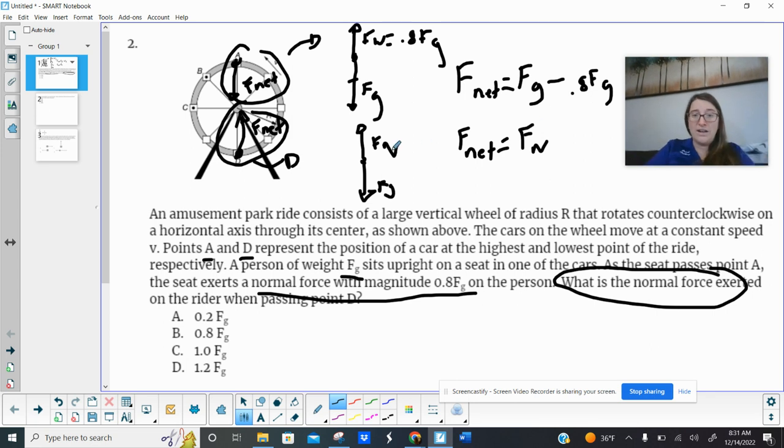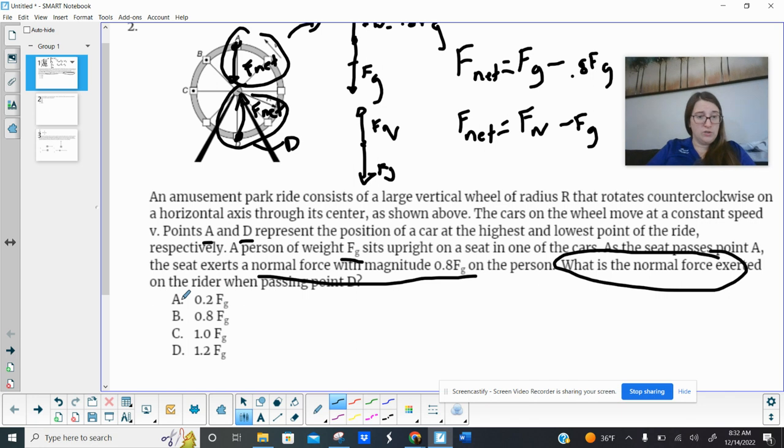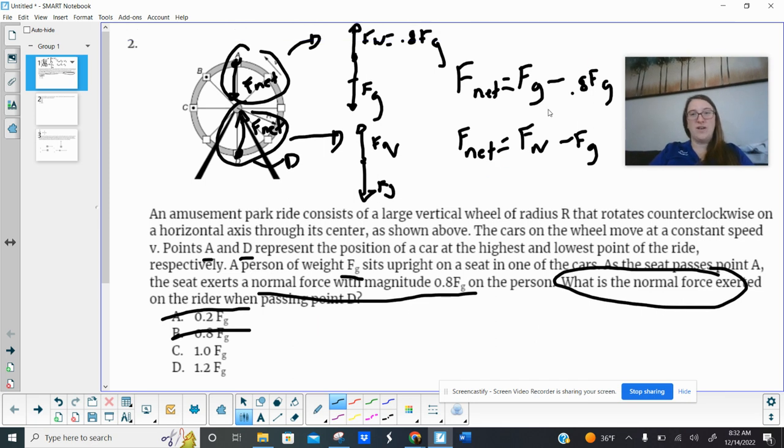If Fn is now bigger than Fg, well, it can't be 0.8 Fg anymore, right? So minus Fg. And in fact, if you were looking at your answers, it couldn't be A or B based on our FBD. Again, because the F net points up, that means that Fn has to be bigger because it points up. Oh, and actually, if Fn has to be bigger, you can get to your answer right away.